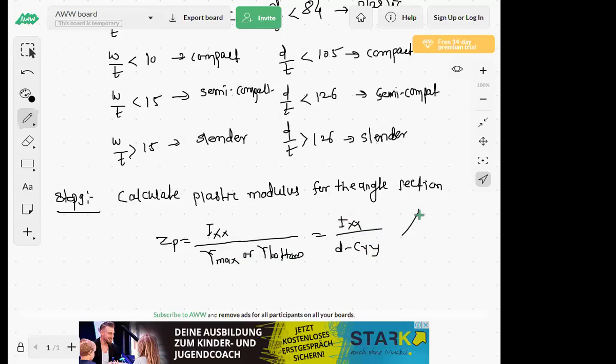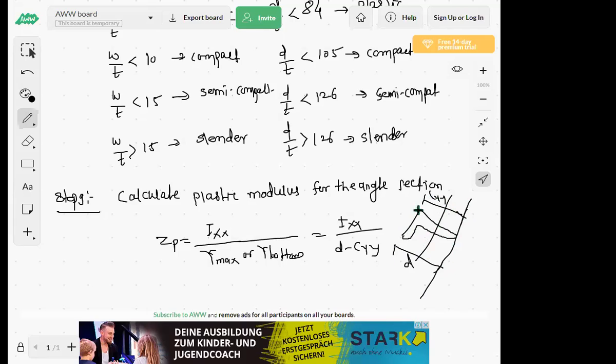It means if we draw the section like this, this is the depth of the section. This is the CYY and this whole is D. And here the purlin is there. This is the truss, and on this truss the purlin is resting in the direction of this depth.